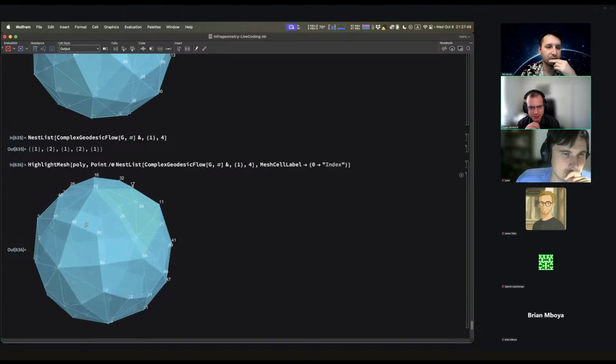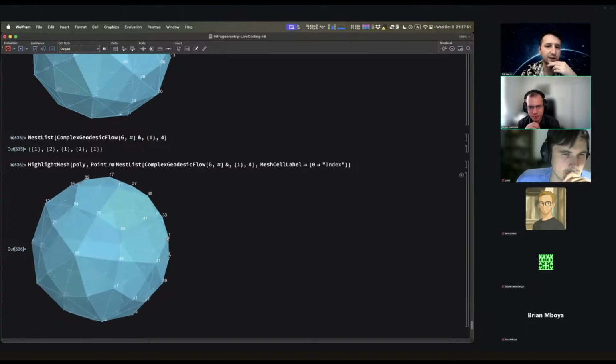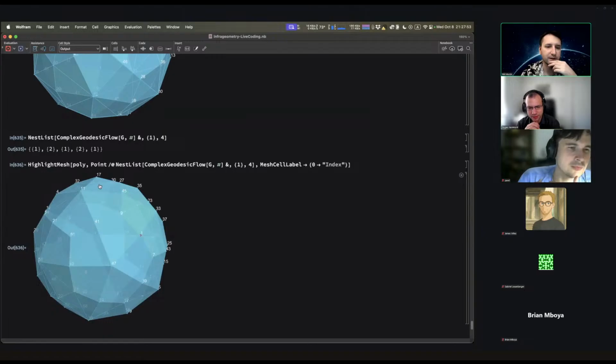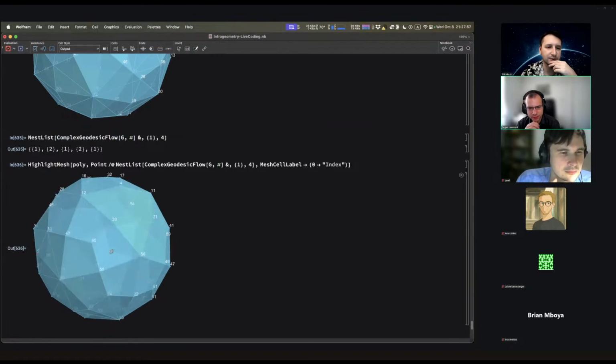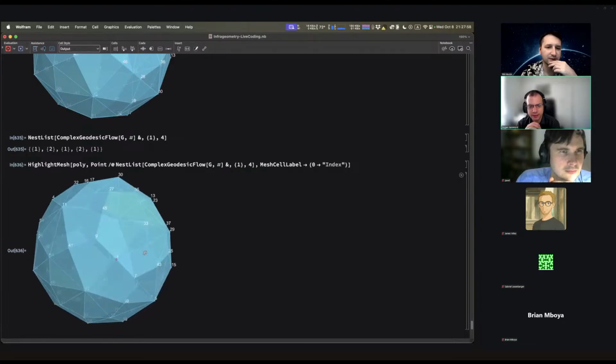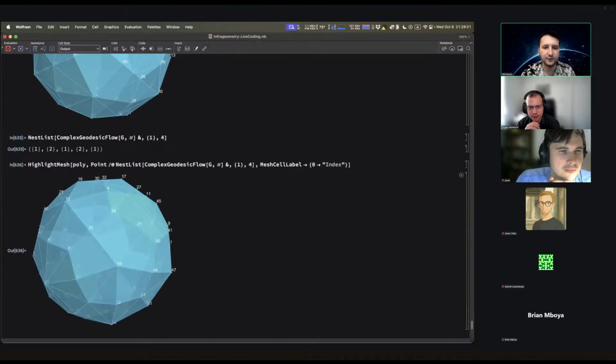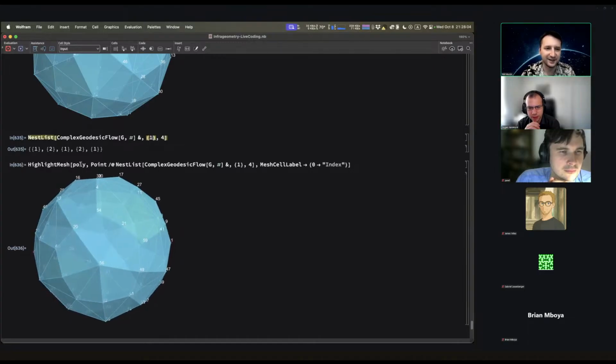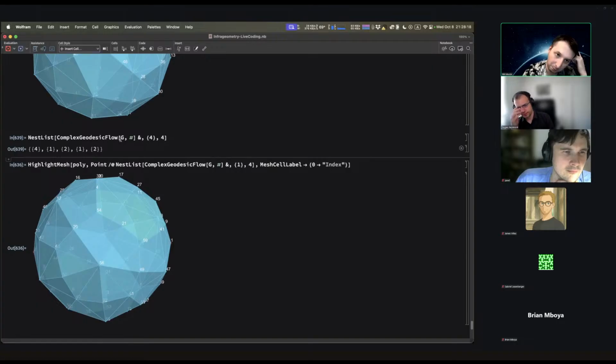What are you starting at? Oh, if you start from vertex 1, there's nowhere to go. If you applied it, it goes to 2. Oh, I see. They're antipodes. Let's do something like 59. No, I don't know why it keeps iterating between those. Weird. So no matter which vertex you start from, it jumps to 1, 2.